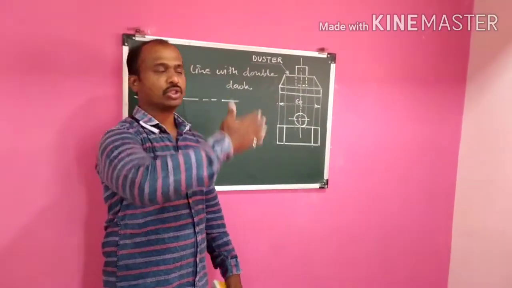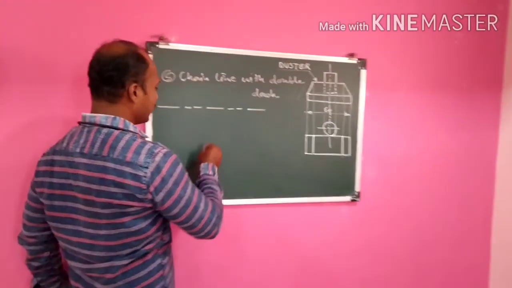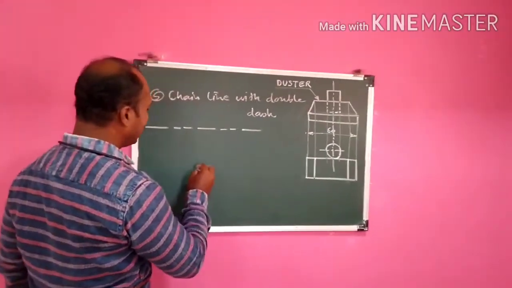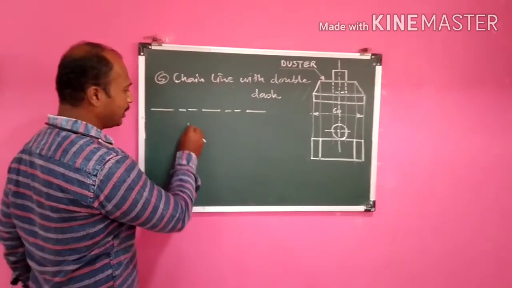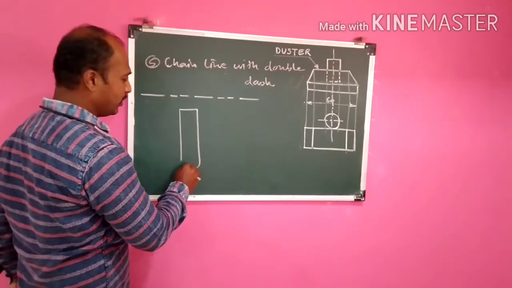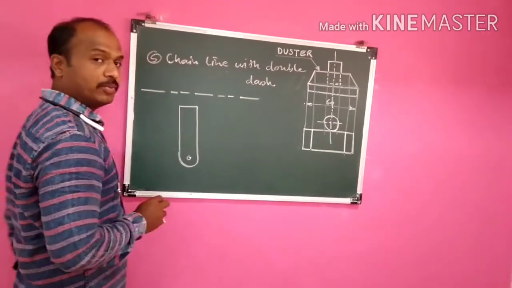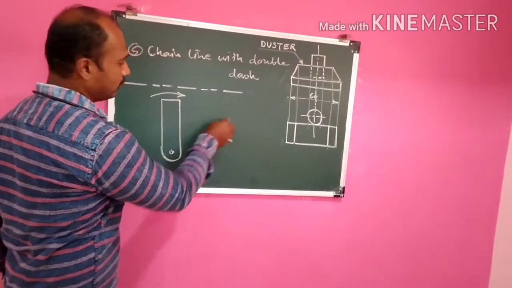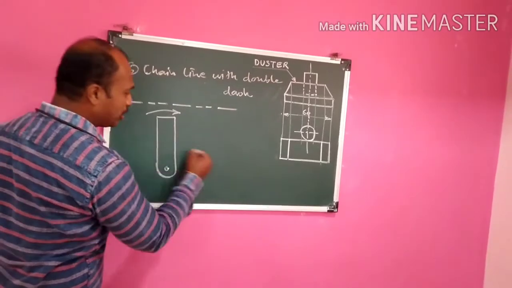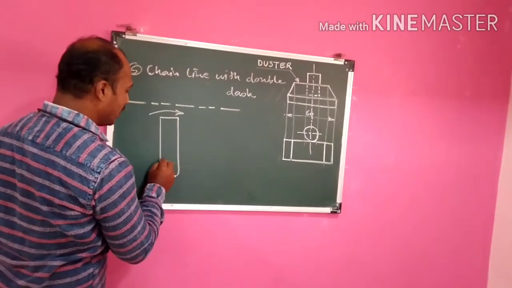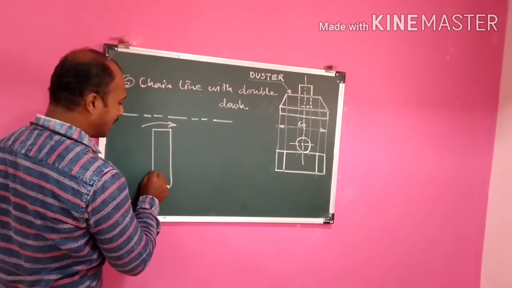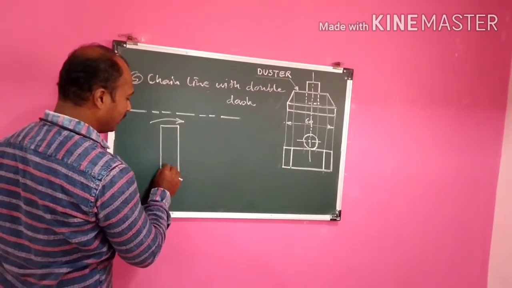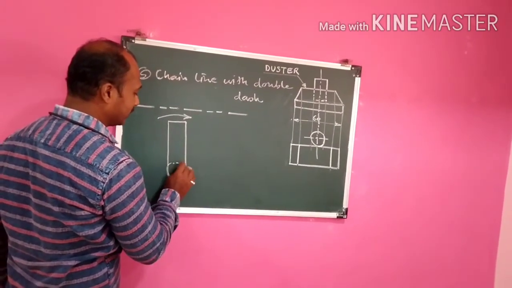So it is shown like this. This is the initial position of the object, and suppose this plate moves from here to this side. To show the extreme or alternate position of this, suppose it is rotated by 90 degrees, then here we use the double dash line like this.